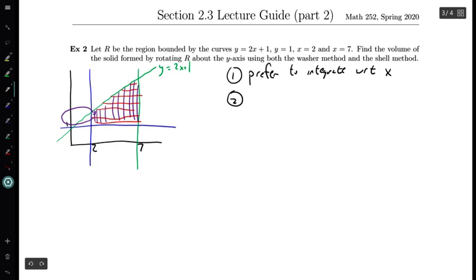The second question that I want to answer is which axis am I revolving about? And in this case, I'm revolving about the y-axis. And I notice that my preferred variable of integration and the axis of rotation are different variables. So my conclusion is that I would prefer to use the shell method.